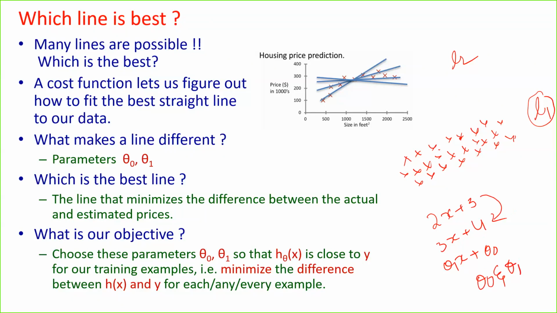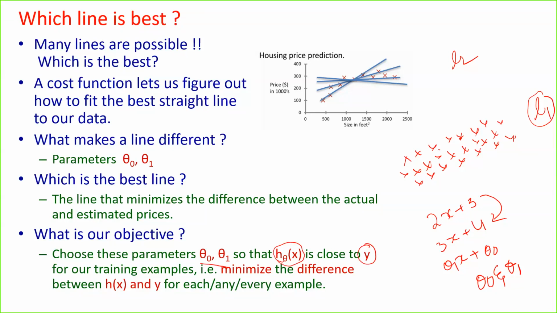So what do we mean by choosing the best line? Choosing the best line is equivalent to choosing the best parameters, theta naught and theta 1. So the problem boils down to choosing the parameters theta naught and theta 1 so that the prediction h theta of x is close to the actual value y for all the training examples.